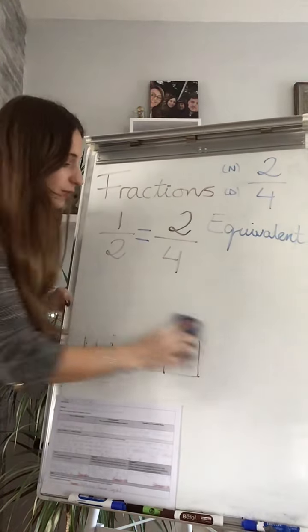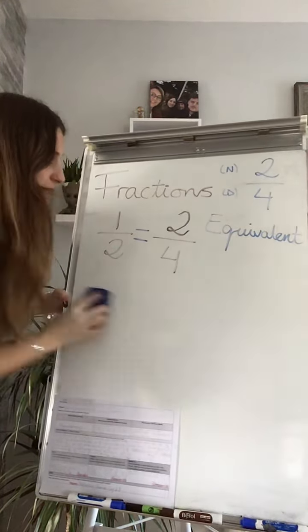Let's just focus on this, and let's see what you can notice in these 2 fractions that make us think, how can I find equivalent fractions? Have a look at those two. What is similar in the numerator and the denominator?